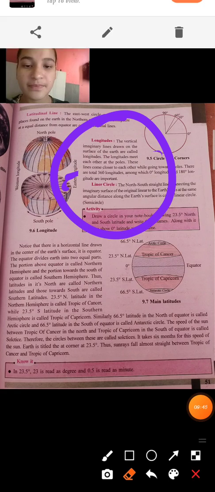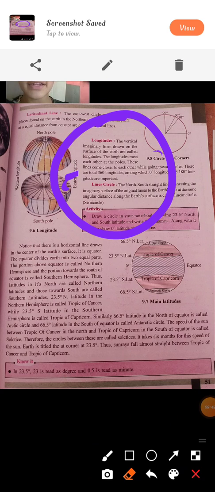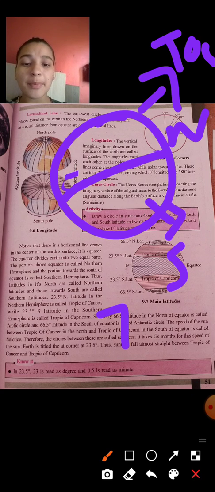Here we have seen the equator, right? Now this is the Tropic of Cancer. This is the North Pole. This is the South Pole, Tropic of Capricorn, right?